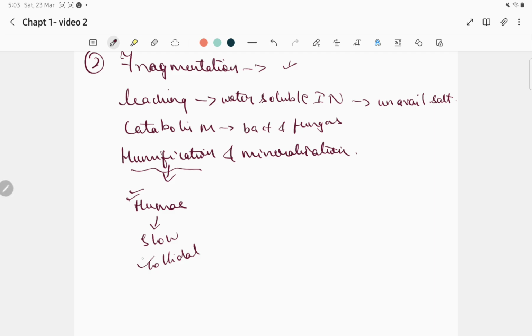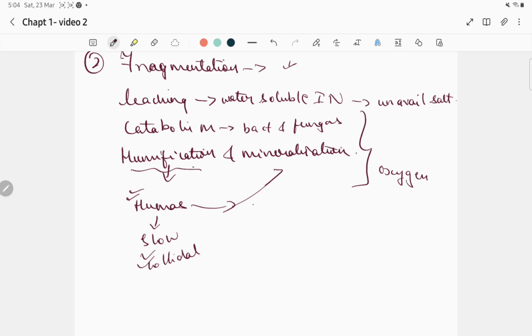So this serves as the reservoir of nutrients. This humus is further degraded by some microbes, which release inorganic nutrients, and this process is called mineralization.